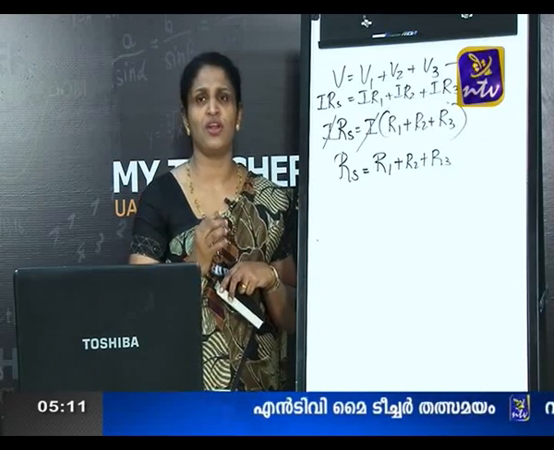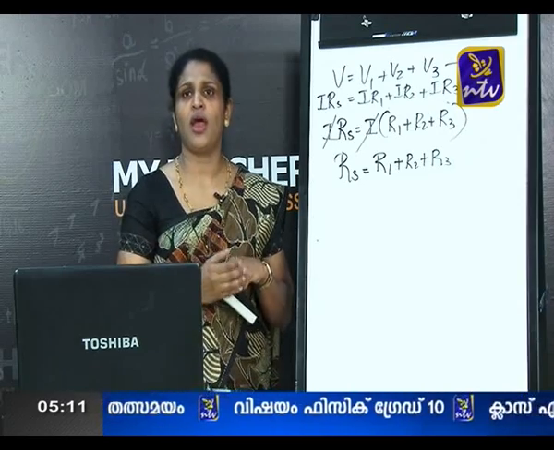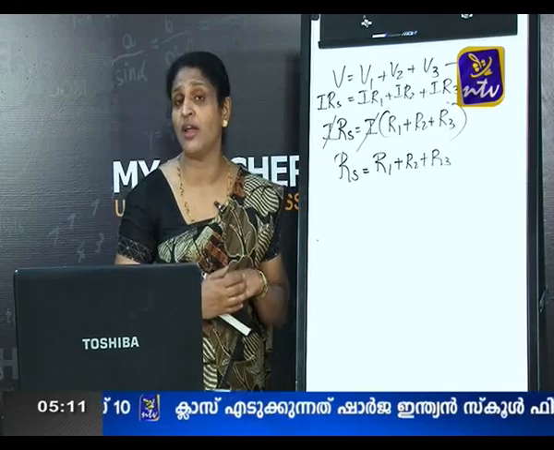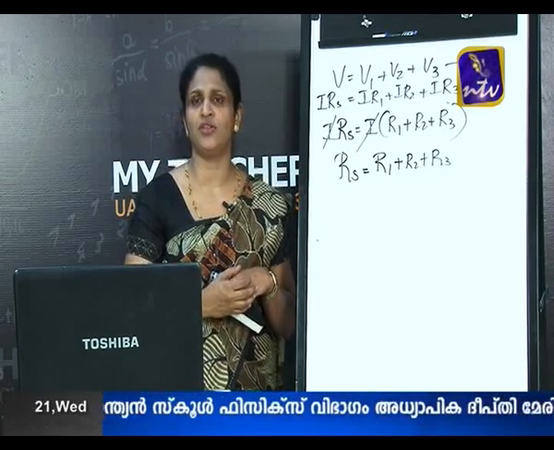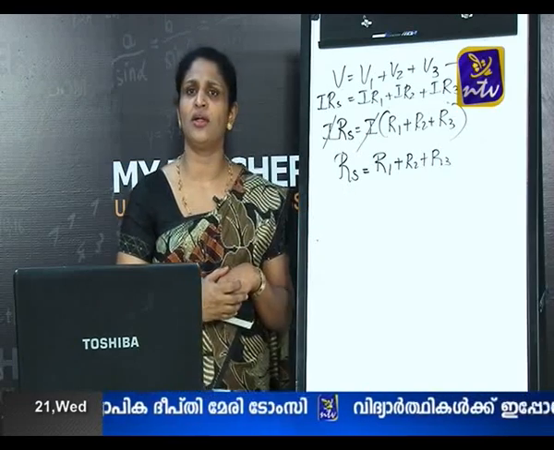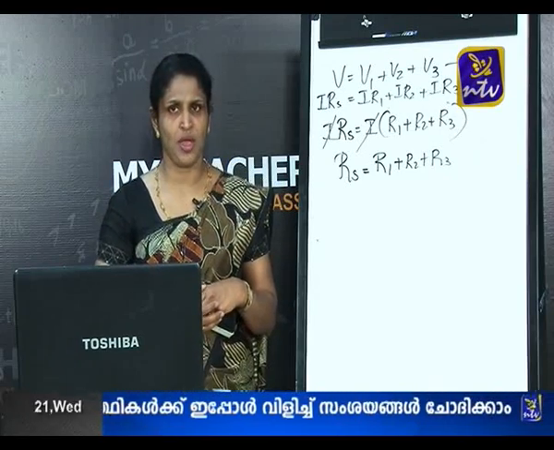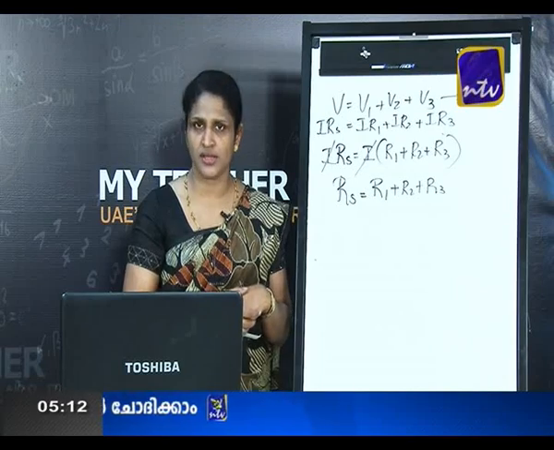The potential difference across each resistor is different, but these potential differences get added up. Because of that, the total resistance in series becomes the sum of the individual resistances. This clearly tells you that the total resistance in series increases, and because of that, the effective current in the circuit will decrease.